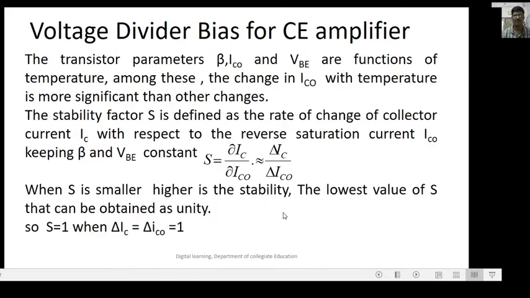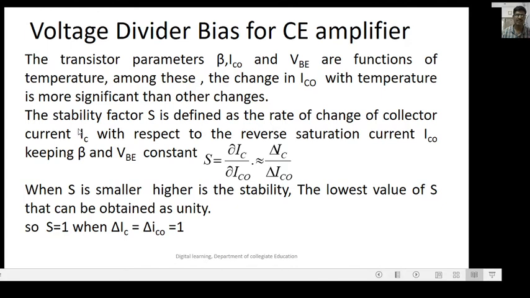Equation number 4. Voltage divider bias for CE amplifier. The transistor parameters beta, ICO and VBE are functions of temperature. Among these, the change in ICO with temperature is more significant than other changes.